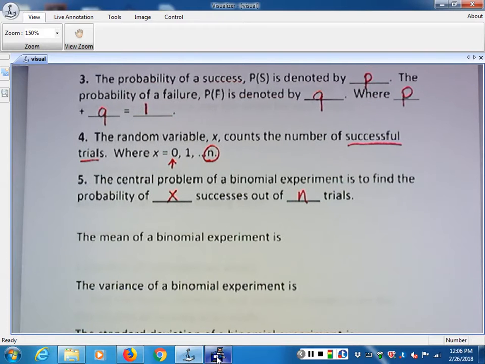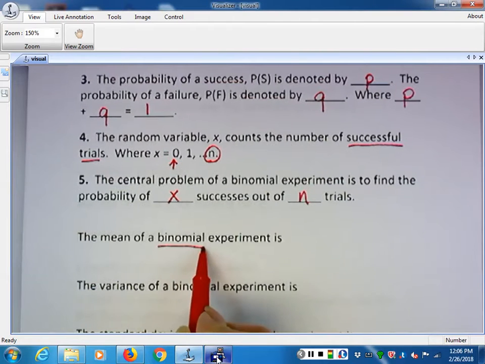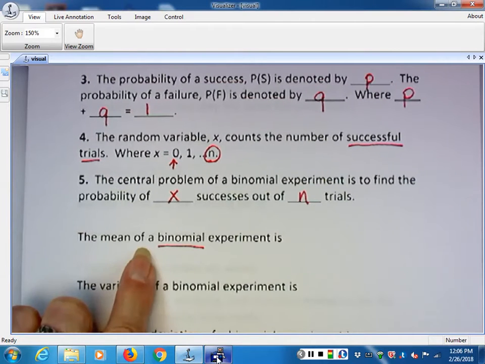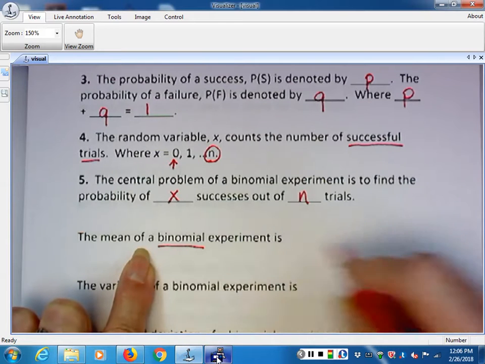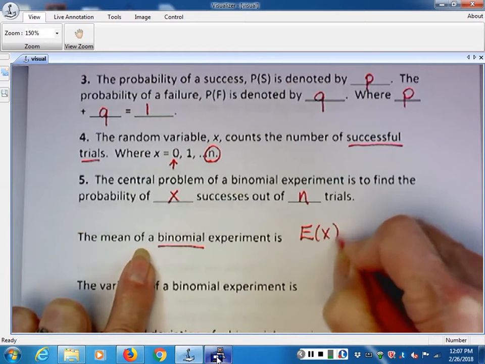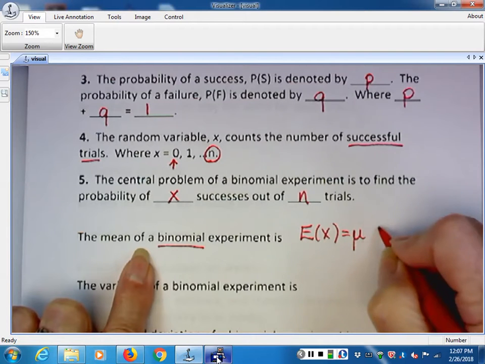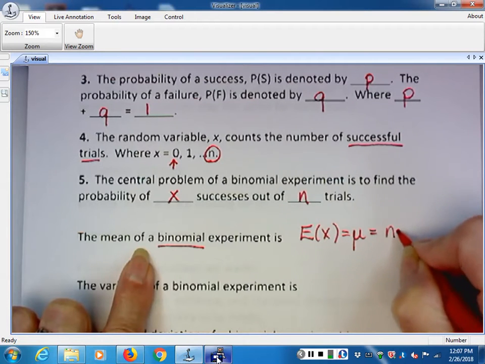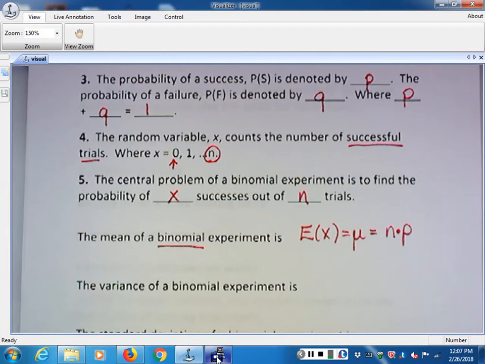Now, if you've got a binomial experiment, you don't have to plug all the numbers into the calculator to get the mean. But this only works if it is a binomial. If you need the mean of a binomial experiment, you can find it, which is still an expected value, mu, and it's going to be N times P. The number of trials times the probability of success.